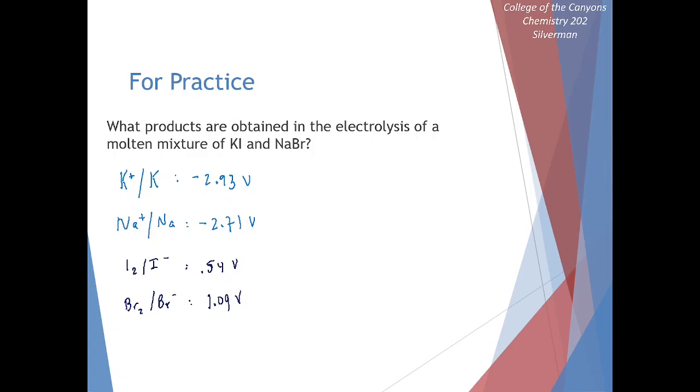We can start by looking up our reduction potentials for all these possible ions. And then we can try to construct a redox reaction with the most positive cell potential possible. Our cell potential is the cathode minus the anode.